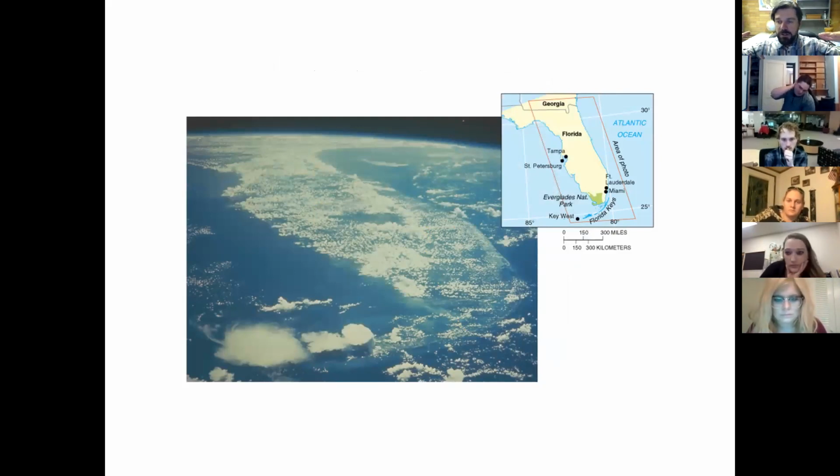Remember, water doesn't want to change temperature very easily. It takes a lot of calories to get water to change its temperature. It's like the giant battery of Earth, as far as energy goes. And so if you look at this picture compared to the little map with the picture, you can see Florida literally outlined by clouds, right?